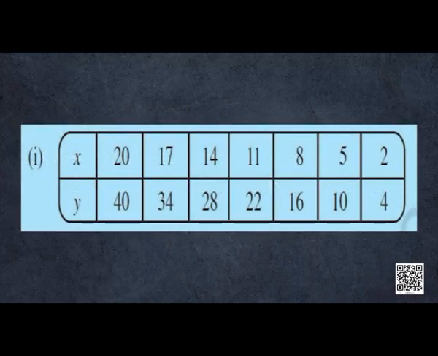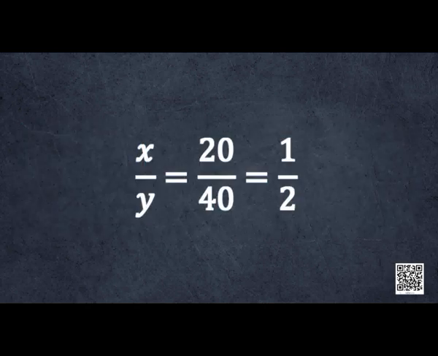What do you need to do here? Yes, to find whether x and y are in direct proportion, we need to find the ratio x by y. Okay. In the first column, 20 divided by 40 is equal to 1 by 2.